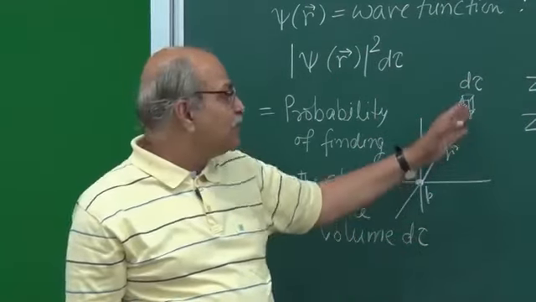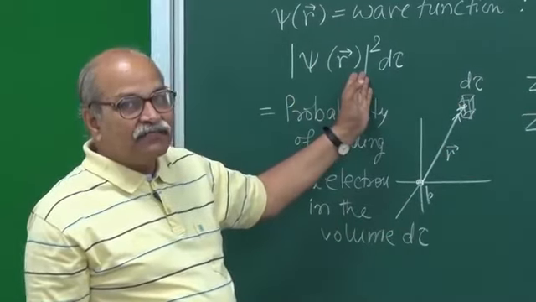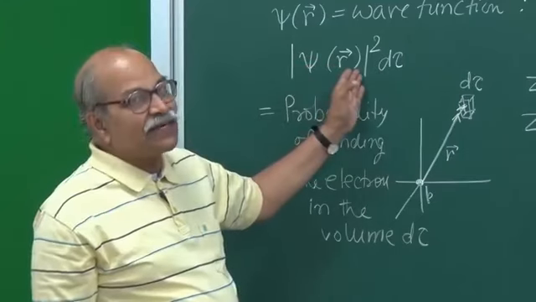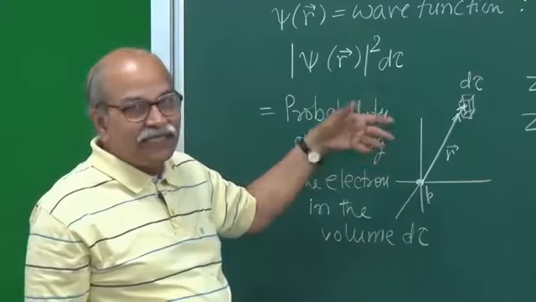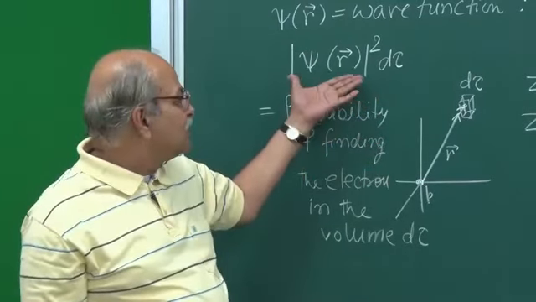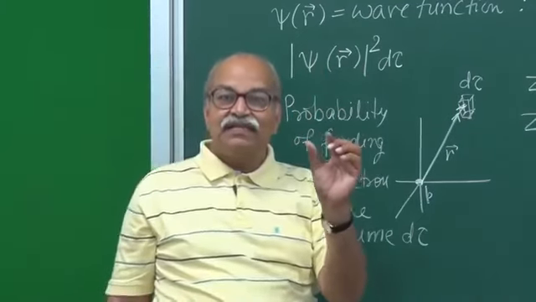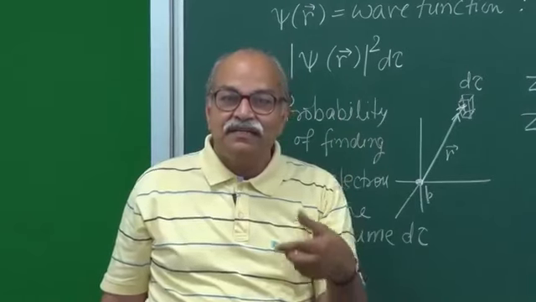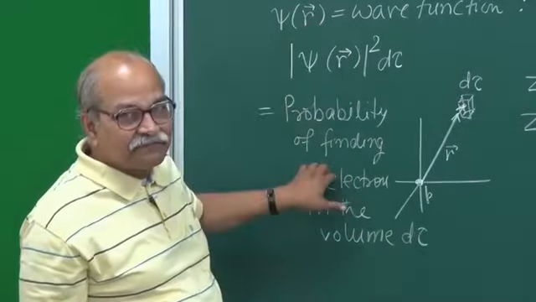If at a certain point the wave function does not have a finite value, suppose it is 0 at a certain point, then there you say, okay, the electron will not be found. But if this quantity is large at a certain position, then you say that, okay, in that vicinity I have a larger probability of finding the electron. So that's the meaning of this wave function.